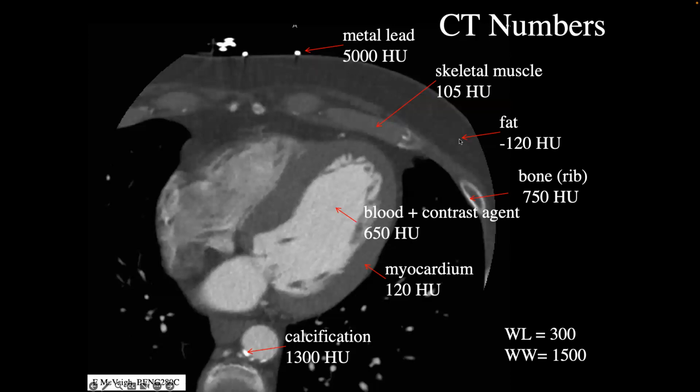Fat, interestingly enough, is minus 120. So it is less than, say, myocardium, which in this patient was 120. Bone is 750, skeletal muscle 105, etc. This could be 120 because perhaps some of this contrast agent has perfused into the myocardium.